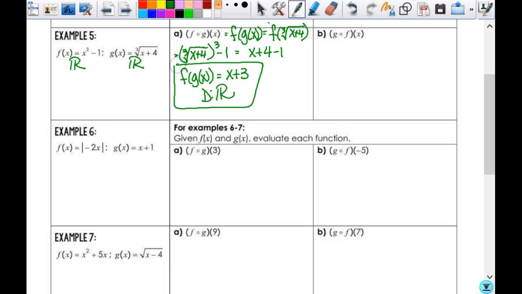All right, so then we do g of f of x, which is g of x cubed minus 1. So finish that one up.